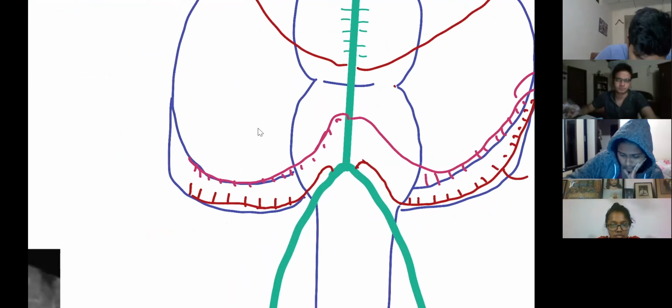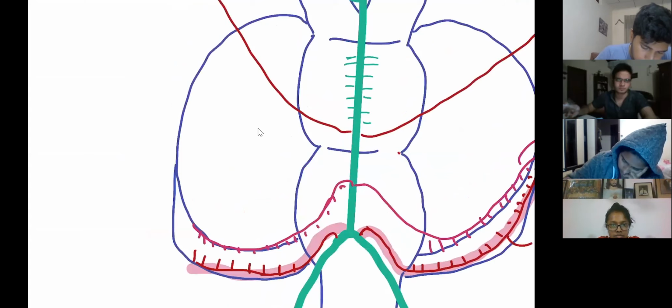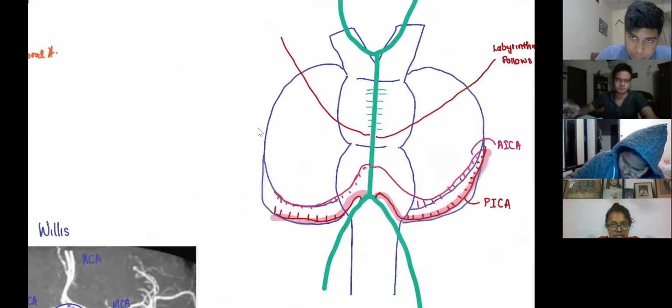So the PICA will supply the bottom part of the medulla oblongata and the cerebellum. I hope you understand that small arteries will come out to supply all these areas. The brain is a very highly vascular structure.